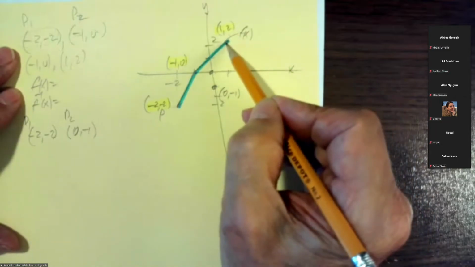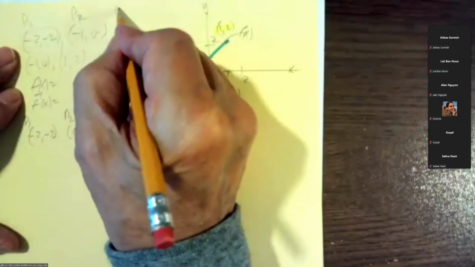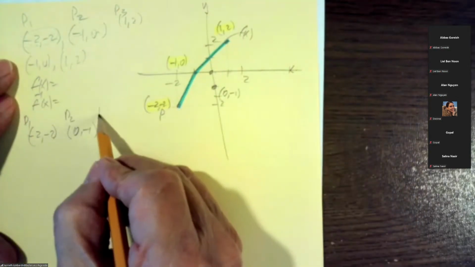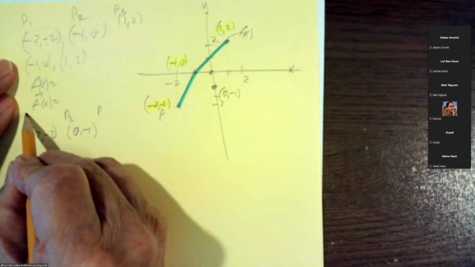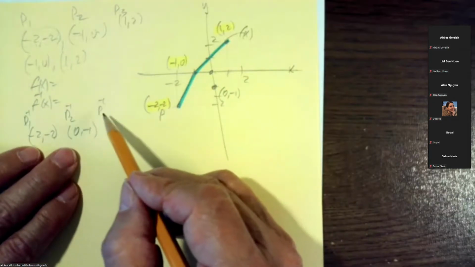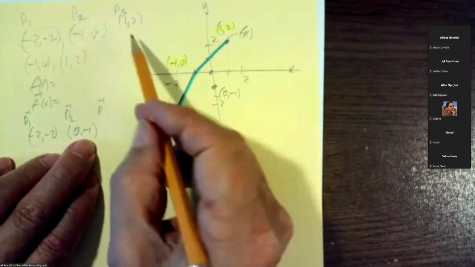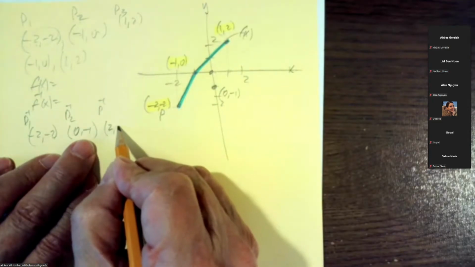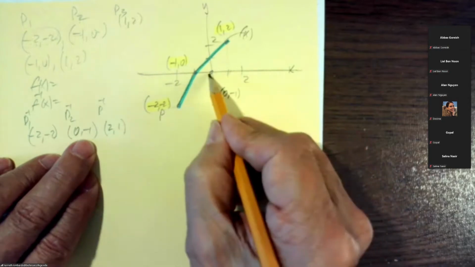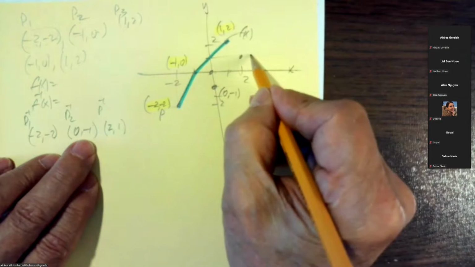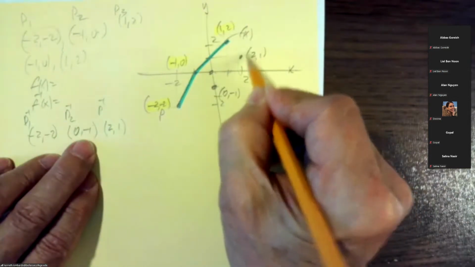And then up here, if I call that point 3, which is at (1, 2), and if I swap those values, I get (2, 1). So I go over 2 and up 1. I'm over here about here. So here is that (2, 1).